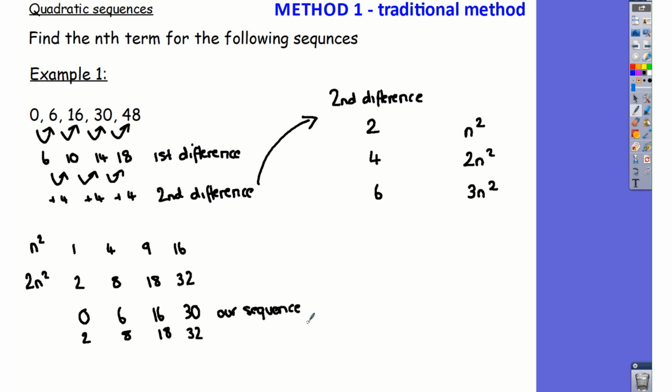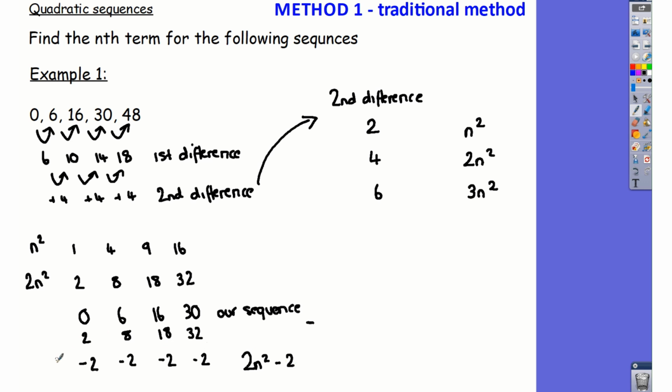So we're going to subtract the two sequences from each other. Now you should notice in each case that gives me minus 2. This means that our sequence has the same difference when I subtract each one. So the sequence overall becomes 2n squared minus 2.